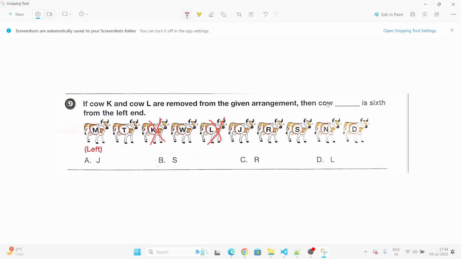We need to find which cow is sixth from the left hand, and left hand is from this side. So start the counting: 1, 2, now we have removed this one, 3, we have removed this one as well, 4 and 5, and this is the sixth one. So the answer should be easy, the sixth one.